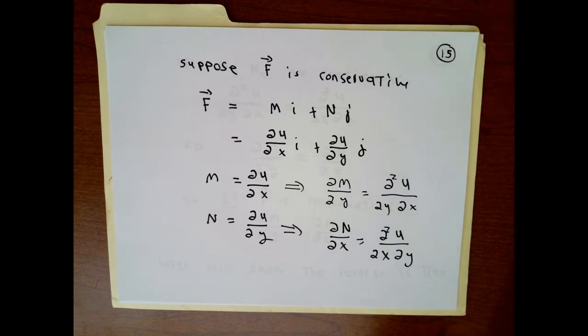Really, this is a two-way argument. I'm going to suppose that f is conservative and come to a certain conclusion. To do the complete proof, you should start with the conclusion and convince yourself that f is conservative. But for now, we're just going to do half of it.